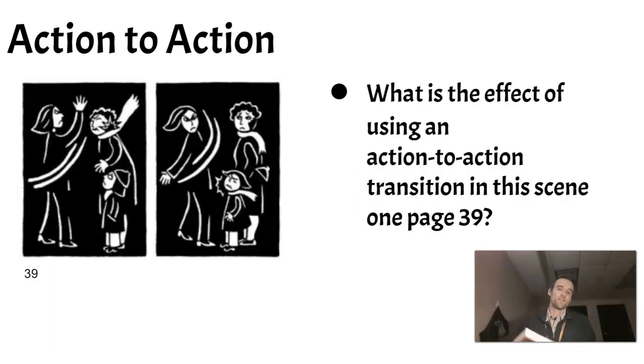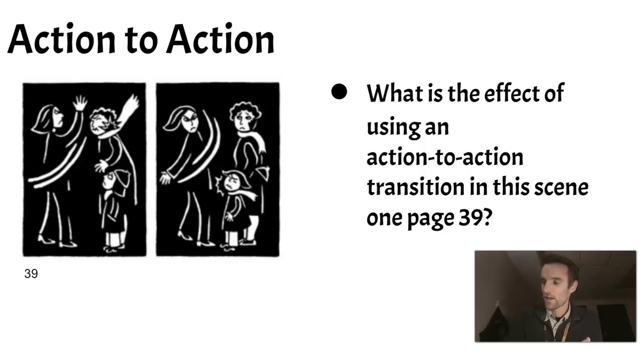Now we're jumping back to page 39, and we're looking at this action to action transition on page 39 that we just read for this last time. And it's showing a few things because we have the character here obviously hitting both of them and then leaving a mark on them and the anger that she has.